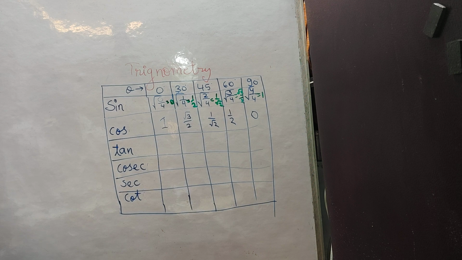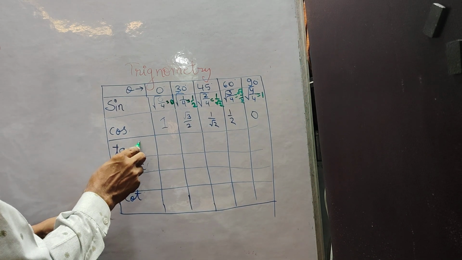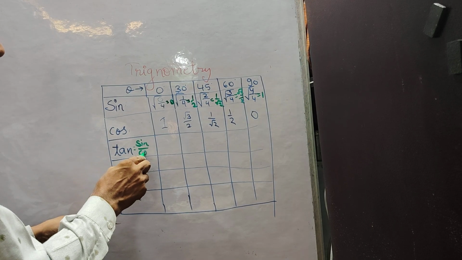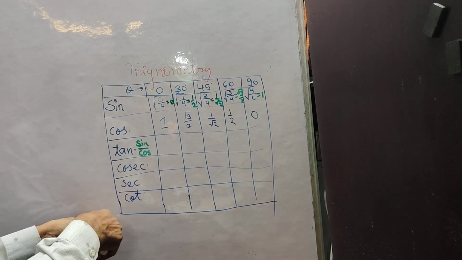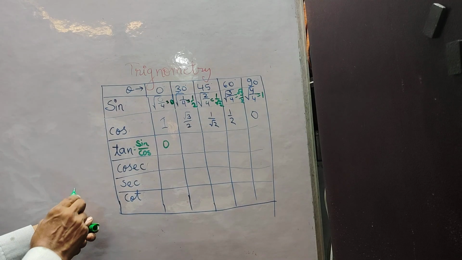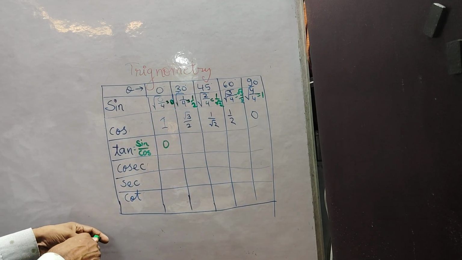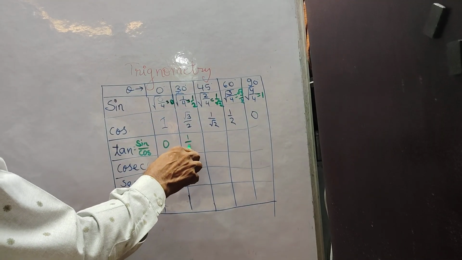Next is tan. Another name of tan is sin upon cos, sin divided by cos value. So 0 divided by 1 is 0, so tan 0 is 0. Now 1 by 2 divided by root 3 by 2: the 2 cancels, so 1 by root 3 is tan 30.